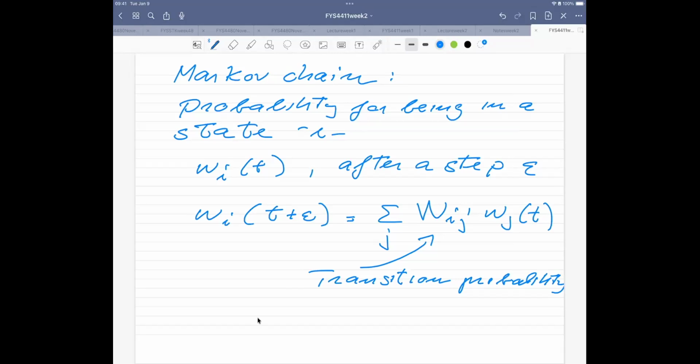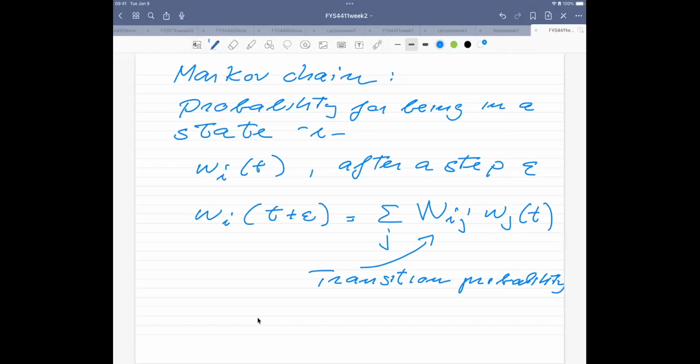So that would be an example of where you have an analytical expression for the transition probability. Then you would multiply that one with the initial state, and that would bring you into the new state at the time t plus epsilon. Whatever this epsilon is depends on the type of system you're looking at, okay?